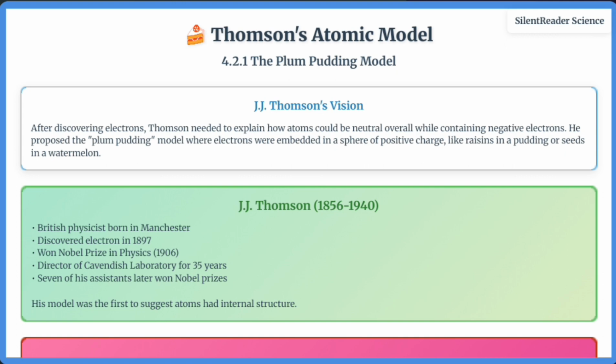Think of a blueberry muffin. The muffin itself represents the positive charge, and the blueberries represent the electrons scattered throughout. This model explained electrical neutrality but couldn't explain later experimental results. Thomson won the Nobel Prize in 1906 for his discovery of electrons and his work on atomic structure.